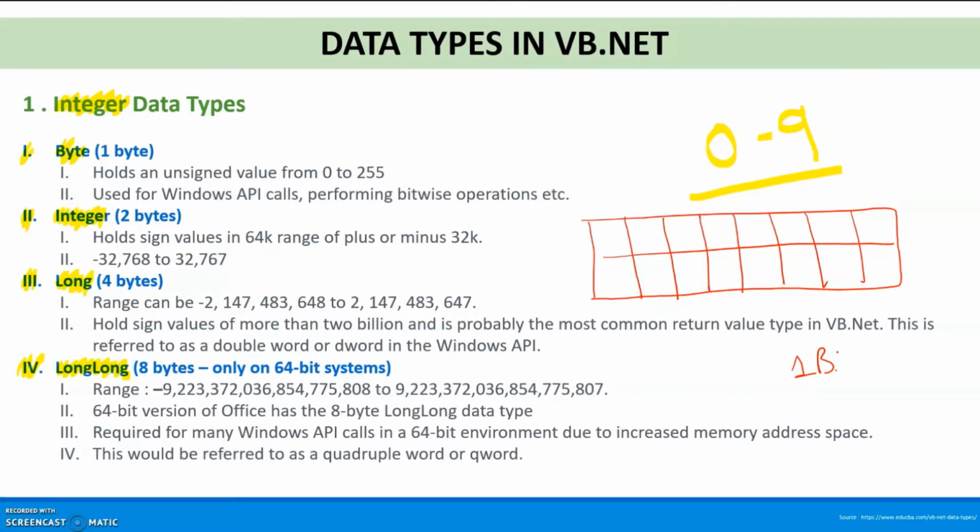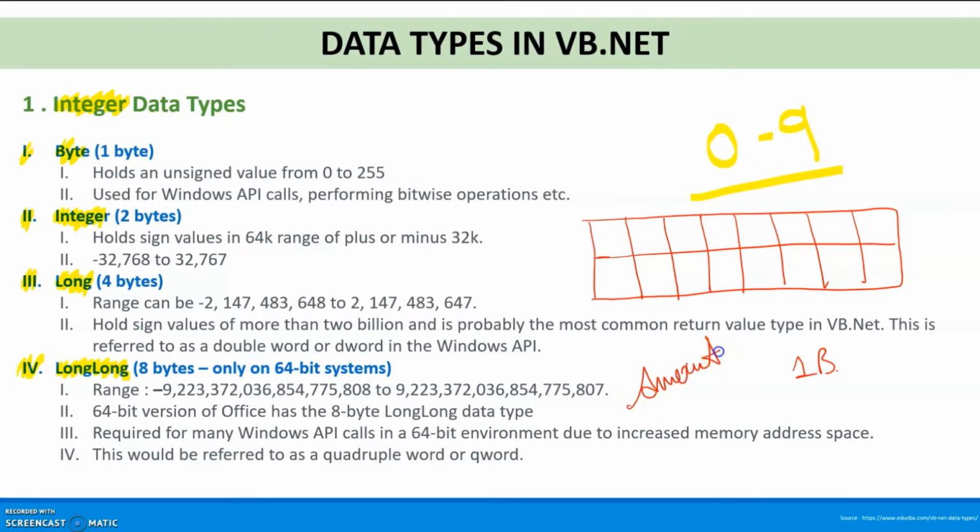We have memory locations, memory blocks, but in advance we need to tell the system how many blocks we need, or how much portion of the memory we are going to use. So we tell the system in advance the size of the memory, and that's why we need different types, and each type has a different range.